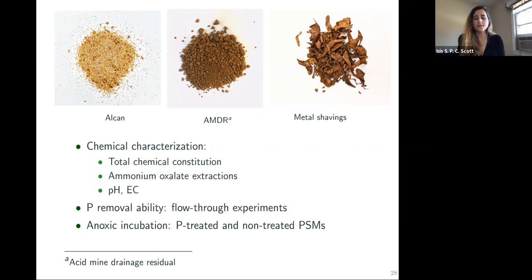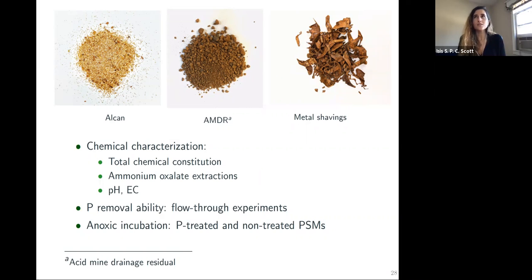We characterized these materials chemically, and we also analyzed their phosphorus removal ability in the same flow-through experiments that I showed you before. It was important to have this evaluation because we then could saturate the PSMs to a certain level of phosphorus saturation and incubate both phosphorus-treated or phosphorus-saturated and non-treated PSMs.